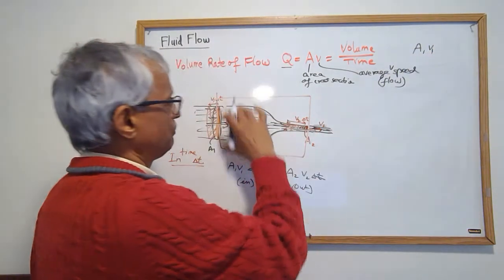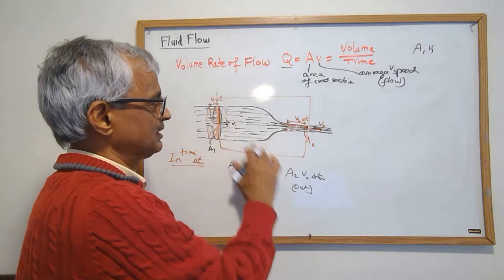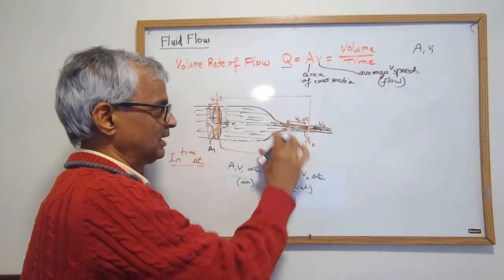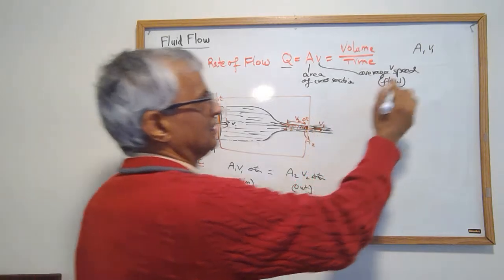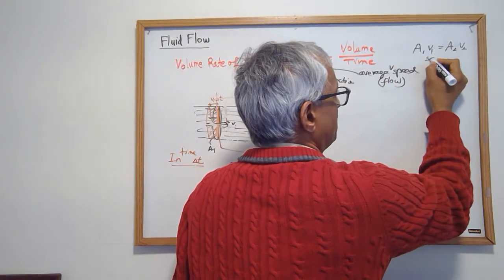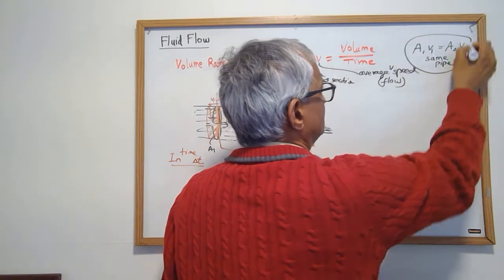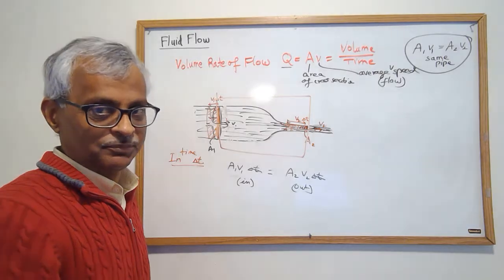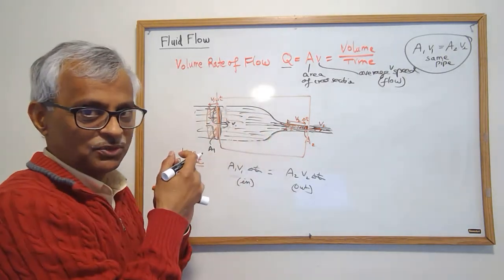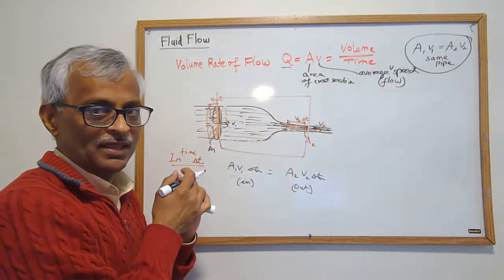So this directly implies that if I have a pipe with the same area of cross section, I'm not saying that it has another pipe coming out, it's just the same pipe, in which the water is flowing. Then you have A1 V1 equals A2 V2.